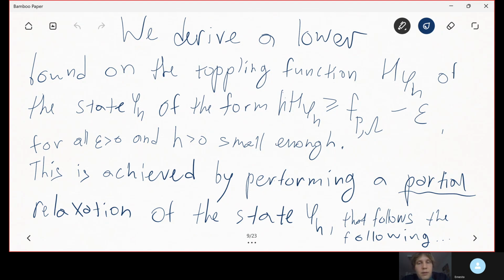And this will be achieved by performing a partial relaxation. So we will be doing some topplings, and only admissible topplings. Actually, we will be doing only waves. And we will really carve our way through this relaxation in the domain which we understand. So we will be working only with waves applied to solitons.